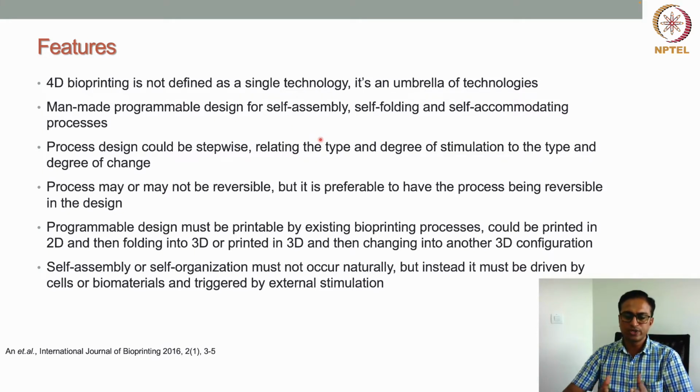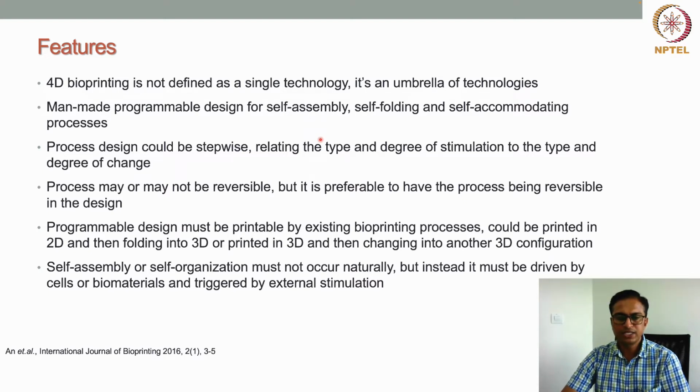Suppose we put cells within the bioink and print the structure. The cells can assemble together, and there can be continuous structure development. So the structure can develop from this self-assembly process, and that can also be included in 4D bioprinting.